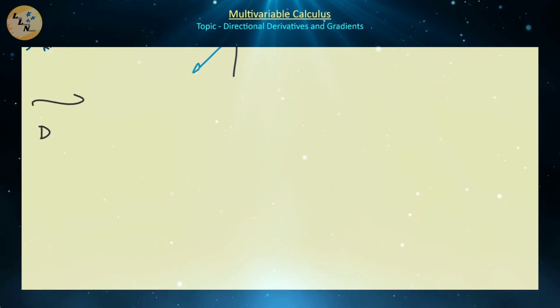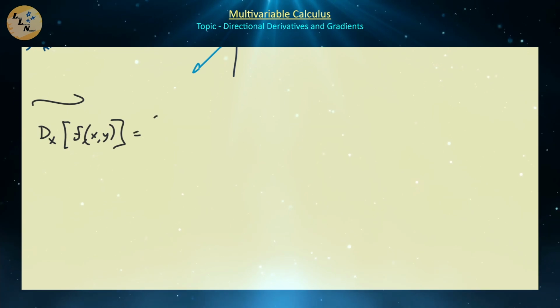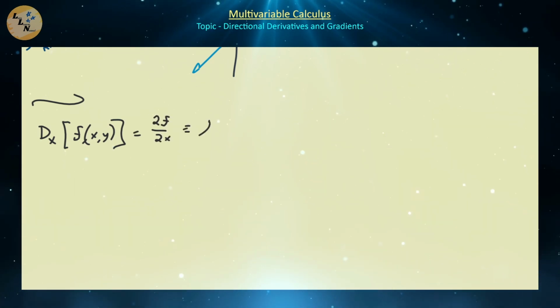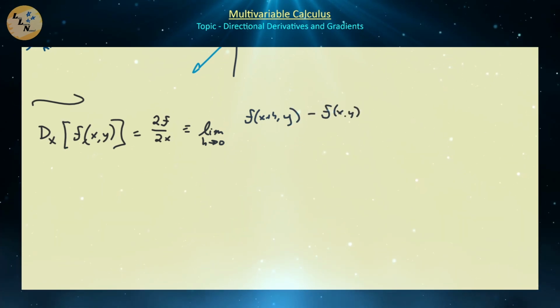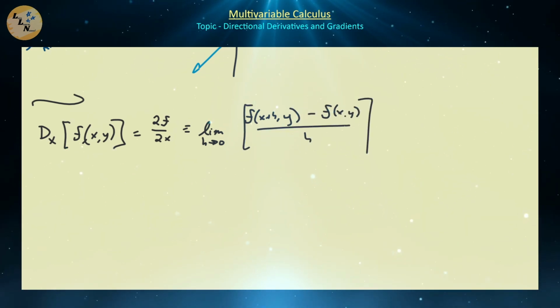So the partial derivative with respect to x, which I'm going to note in this notation, let's write what that is in another sense. By definition, remember, it is the limit as h approaches 0 of f of x plus h comma y minus f of x y, all divided by h, for a two-variable input multivariable function.